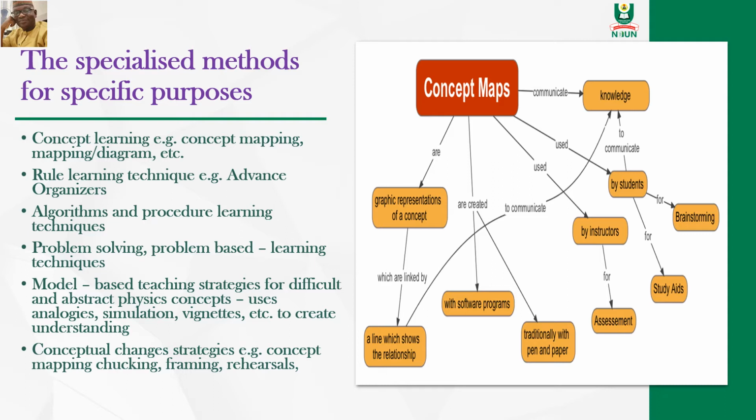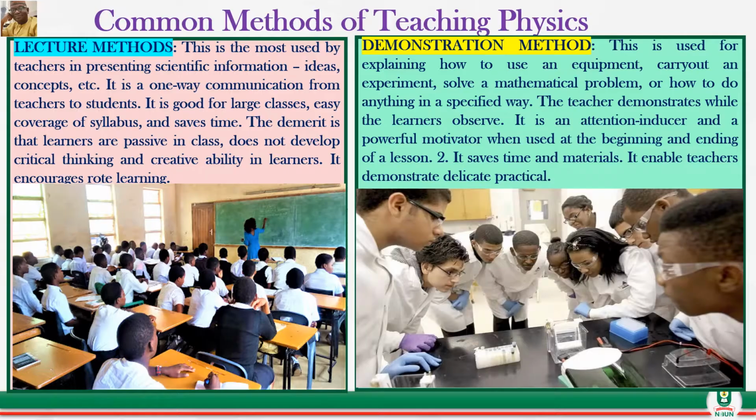We have problem solving or problem-based learning techniques. Model-based teaching strategies for difficult and abstract physics concepts. You can use analogies, simulation, to create understanding. And there's what we call conceptual change strategies. These are categorized under specialized methods of teaching.